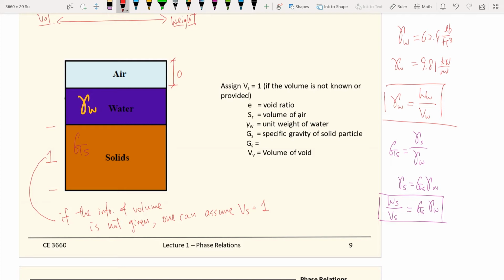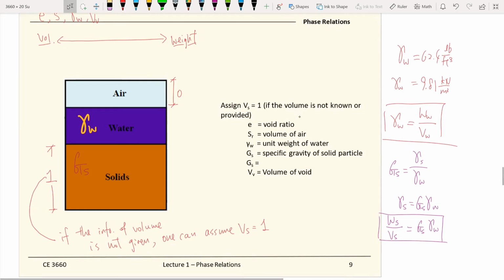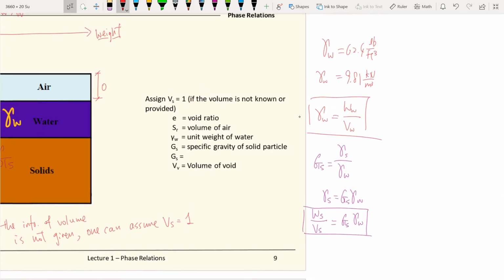You want to pick V sub S equals 1. Now remember we want to represent the phase diagram with the terminology that we learned, which also means the void ratio. Think about the definition of void ratio. The void ratio equals the volume of void divided by the volume of solid.